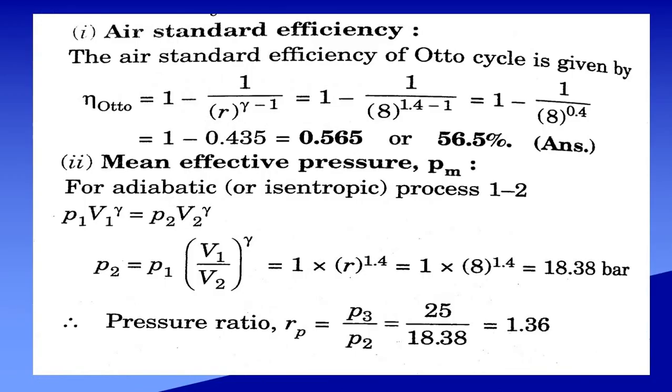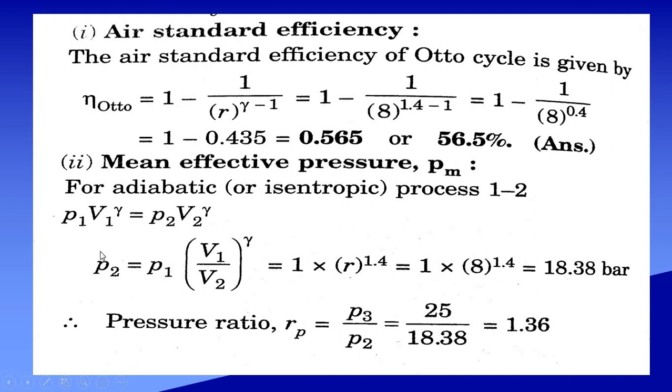The pressure ratio, we know, is P3 by P2. P3 is the maximum pressure, already given as 25 bar, so P2 is the only thing you have to find. How will you find this P2? With the help of the PVT relation: PV power gamma is equal to constant. That is, P1 V1 power gamma is equal to P2 V2 power gamma.